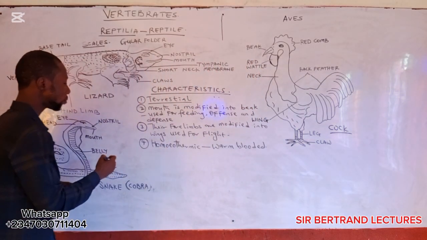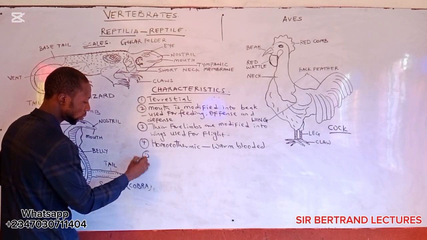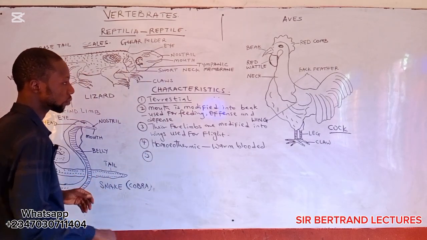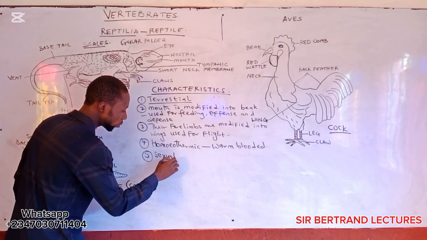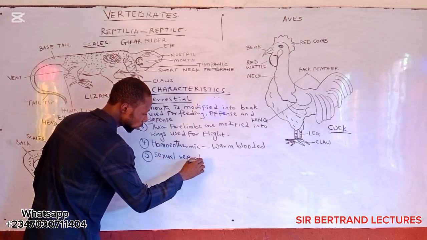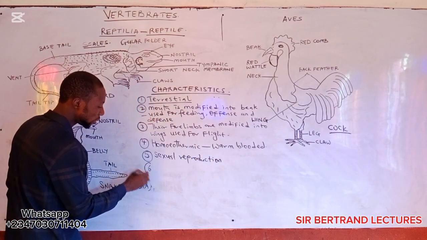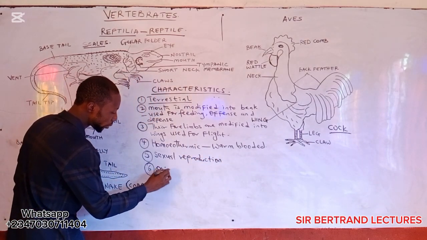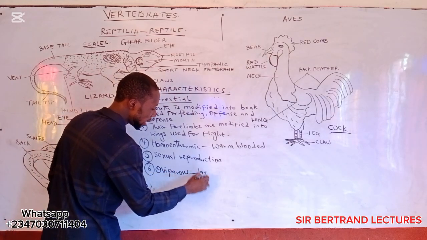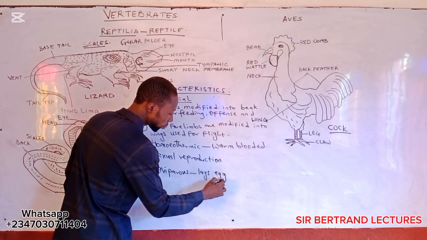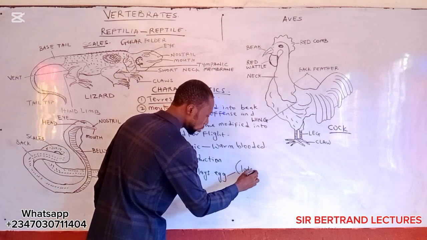Then number 5 of Aves, sexual reproduction. They exhibit sexual reproduction. Number 6, they are oviparous, that means they lay eggs, but fertilization here is internal.